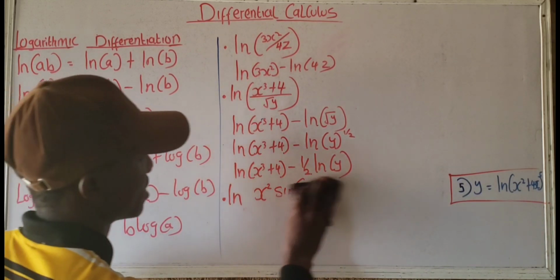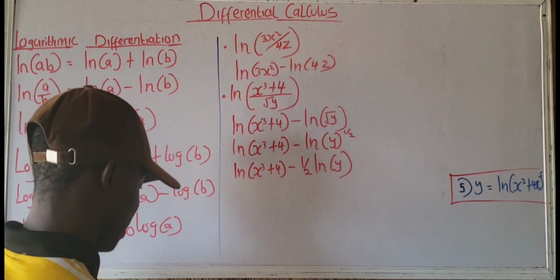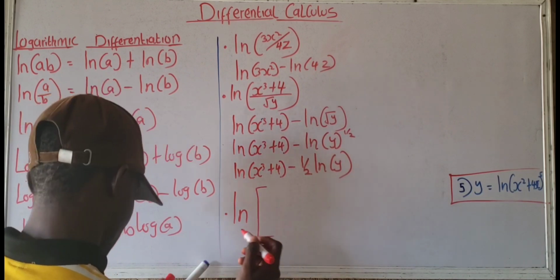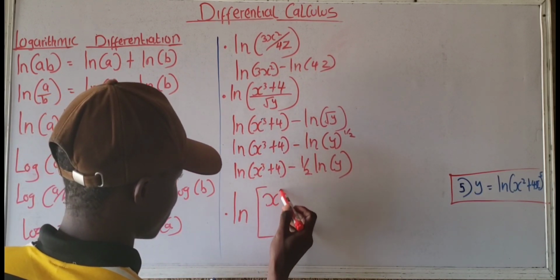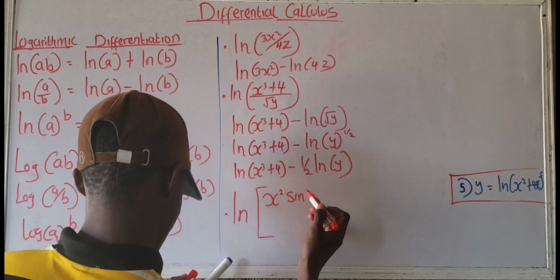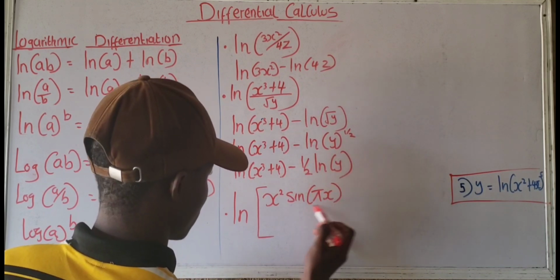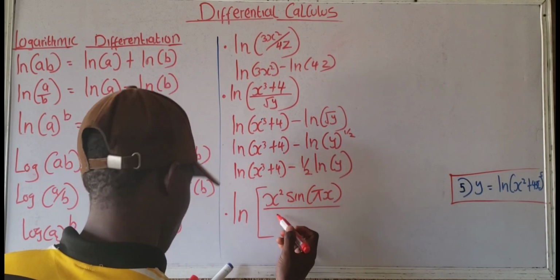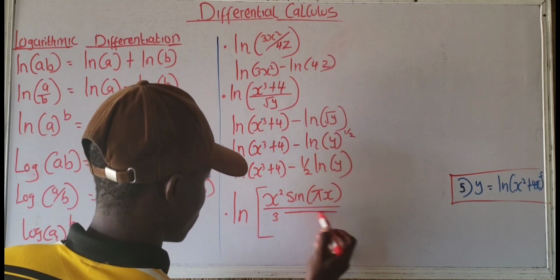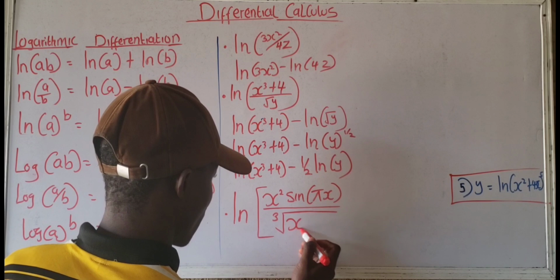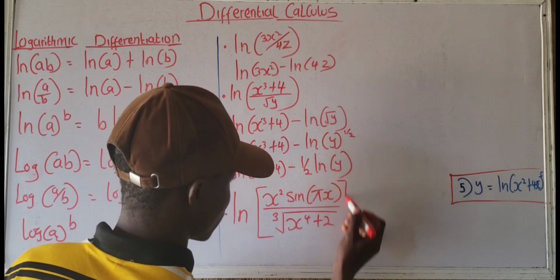Let's say you are asked to expand the natural log of x squared sine pi x all over the third root of x raised to the power of 4 plus 2.